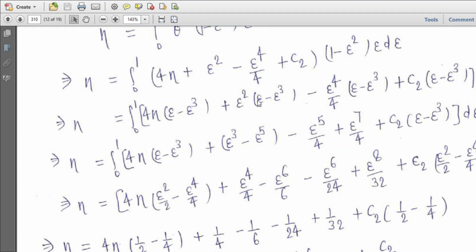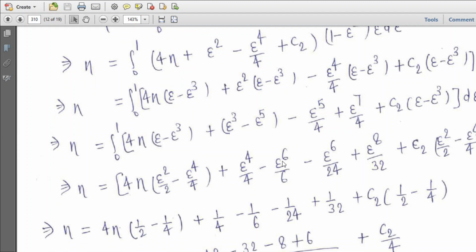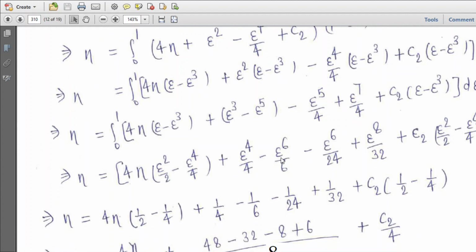You will end up with 4 eta epsilon minus epsilon cube plus epsilon cube minus epsilon 5 minus epsilon 5 upon 4 plus epsilon 7 upon 4 plus C2 epsilon minus epsilon cube into d epsilon. So integrate it and substitute the limit.